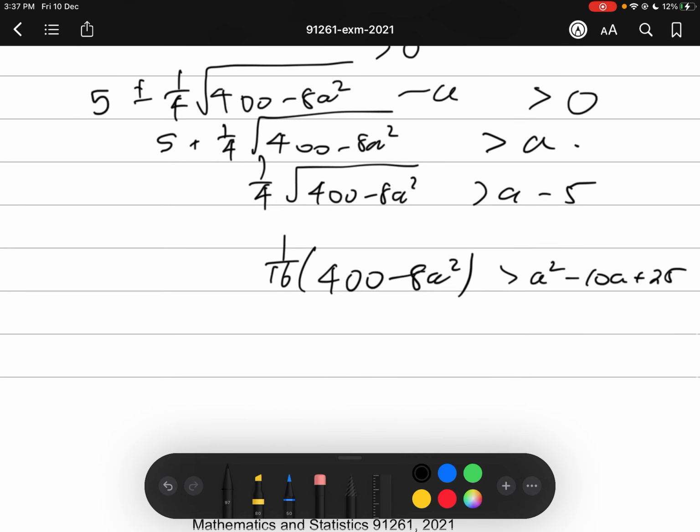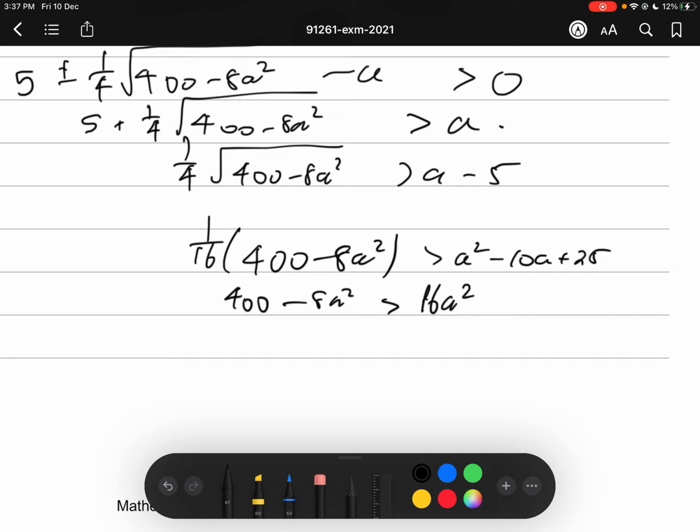We can multiply both sides by 16. So we have 400 minus 8a squared is greater than 16a squared, 16 times 10 is negative 160a, and 25 times 16 is 400, if I'm not mistaken. Yeah, plus 400. 400 and 400 cancel out.